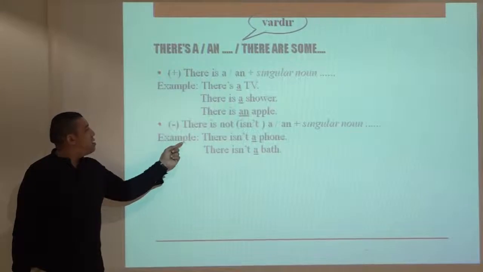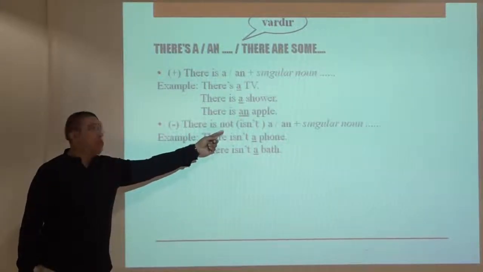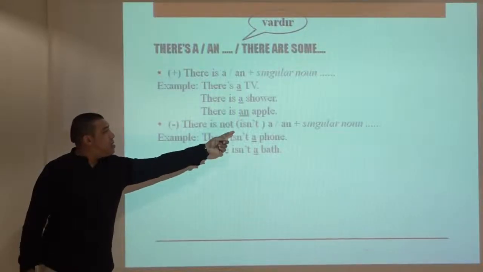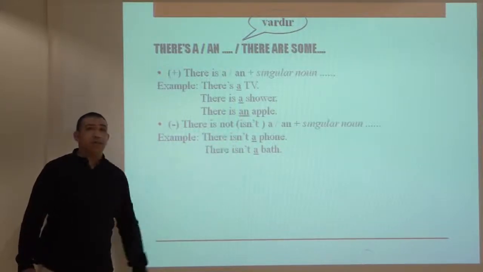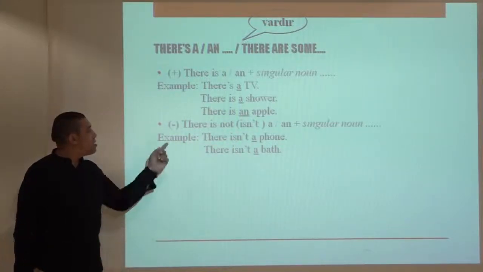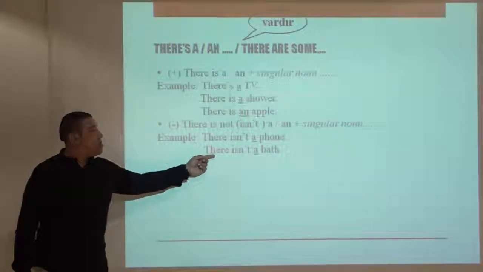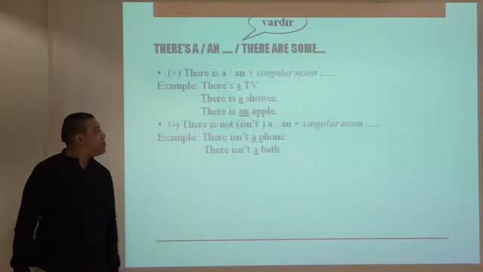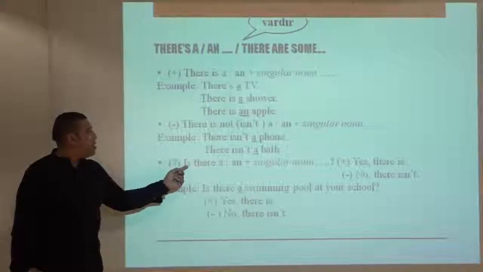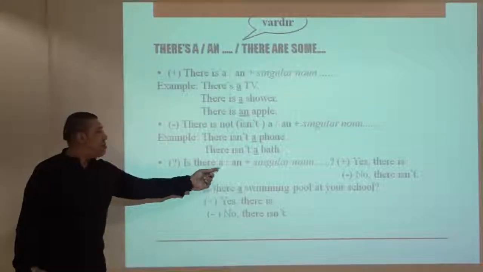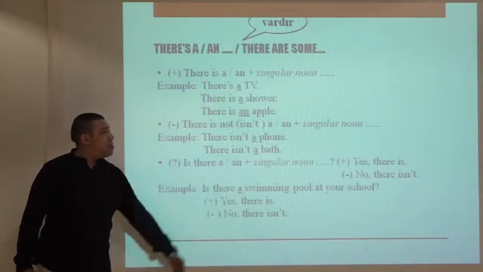Negative form: there is not, or you can use the contraction, short form, isn't, then a, or sometimes an, plus a singular noun. For example, there isn't a phone, or there isn't a bath. The question form, we say, is there a, or again, an sometimes, plus a singular noun.